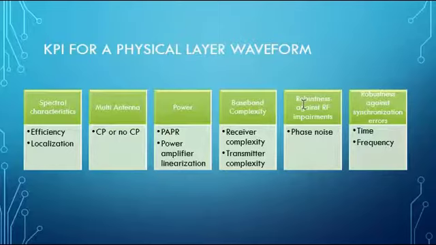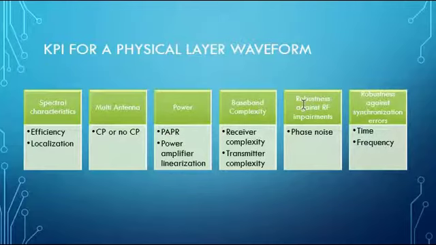Let me start by saying that for any radio access technology, one of the deciding factors is its underlying waveform. For example, GSM uses Gaussian minimum shift keying, and it has the characteristic of a constant envelope, which has its own advantages like excellent power efficiency and high spectral efficiency.